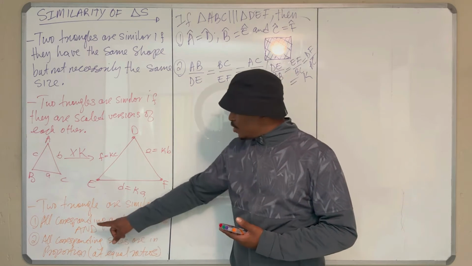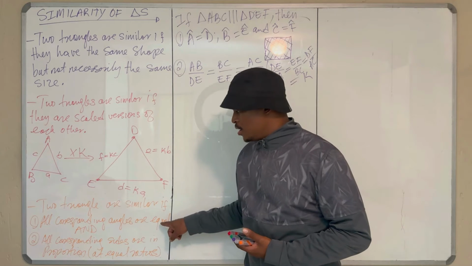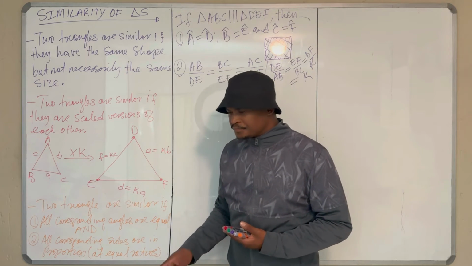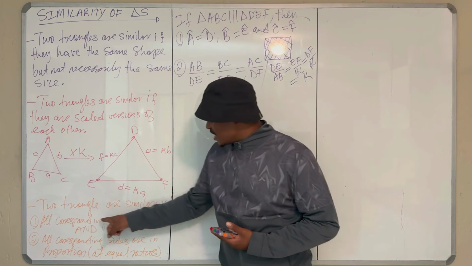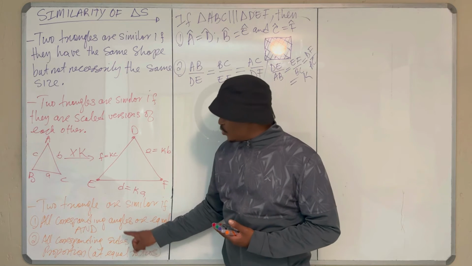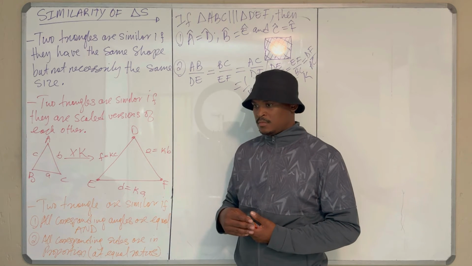So we are going to prove that if all the corresponding angles are equal, then the two triangles are going to be similar. Right? We'll show that if all corresponding angles are equal, then two triangles are going to be similar. So what does similar mean? Both of these conditions hold. I'm not sure if you get that.